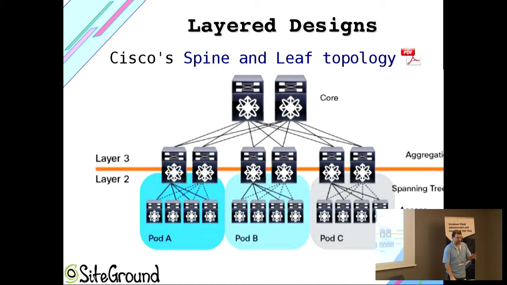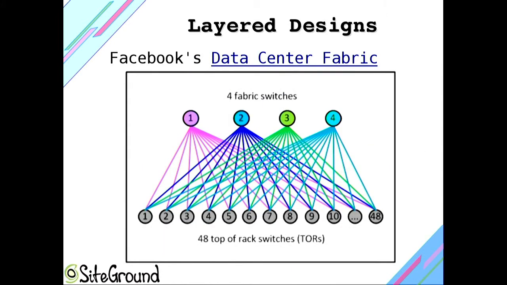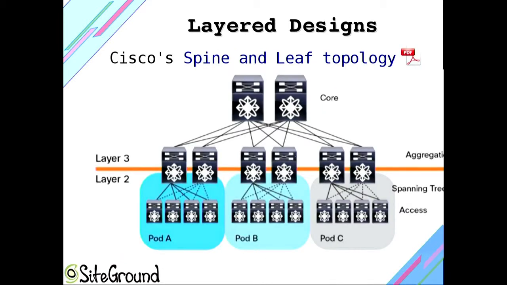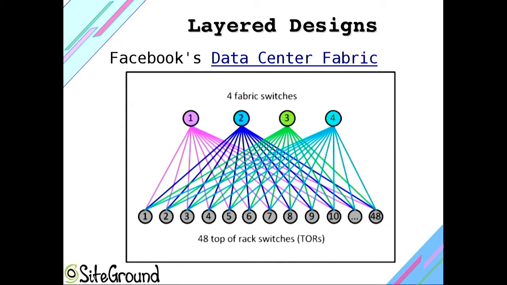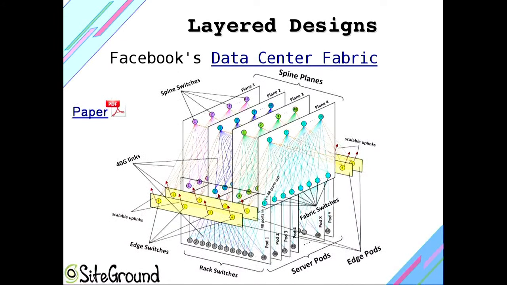With this in mind, Facebook then came out with the data center fabric design, which is similar, but instead of keeping Ethernet between the access and the aggregation switches, they actually removed it and moved to layer 3 for everything. So I'll try to explain it here because this picture is a lot more complex.